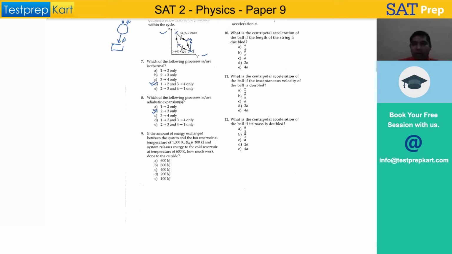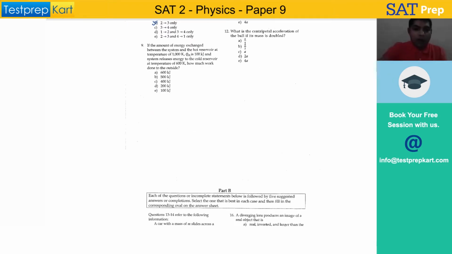Now coming to question number 9. The amount of energy exchanged between a system and a hot reservoir at temperature 1000 Kelvin is 100 kilojoule, and the system releases energy to a cold reservoir at temperature 600 Kelvin. How much work is done to the outside?